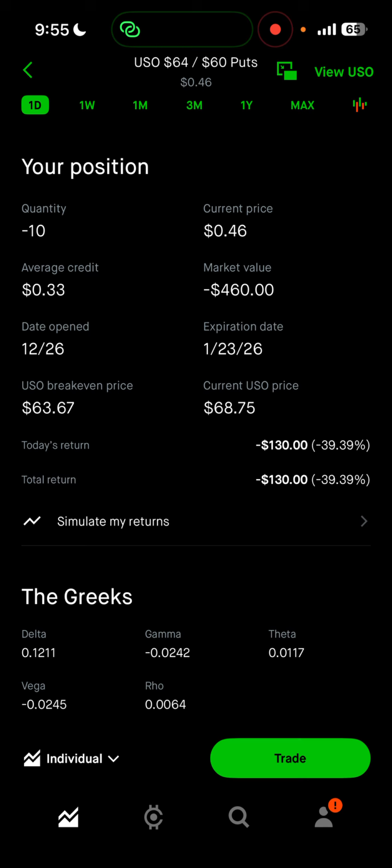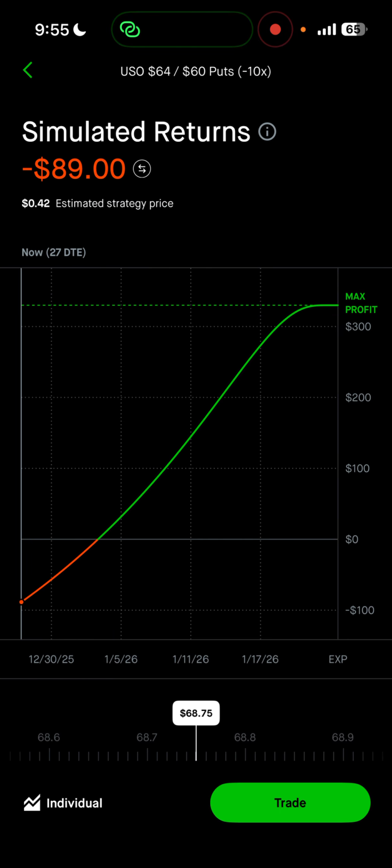Let's click on that. You can see at the bottom, our trade goes out 28 days to expiration. We are currently December 27th, and the trade expires 4 weeks from now.